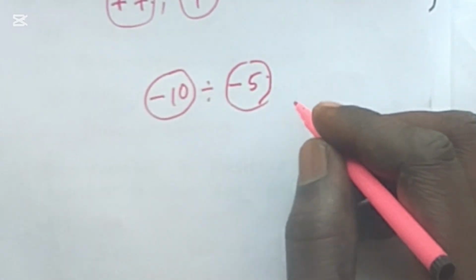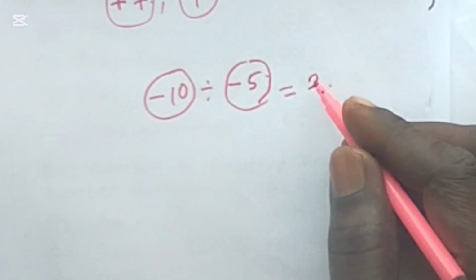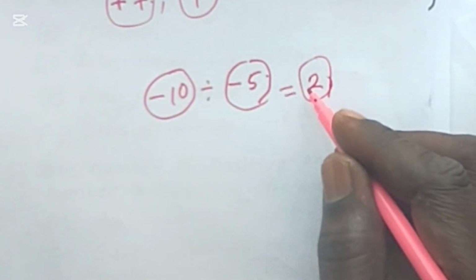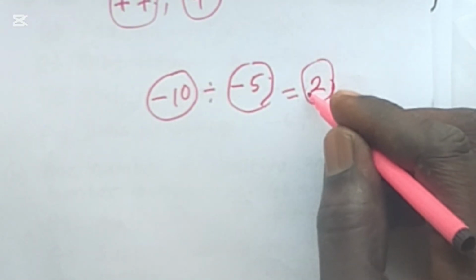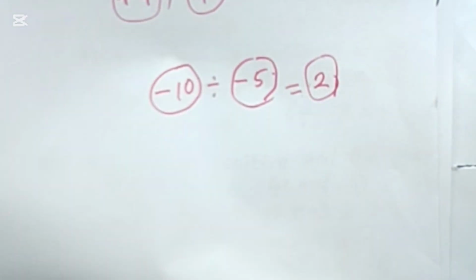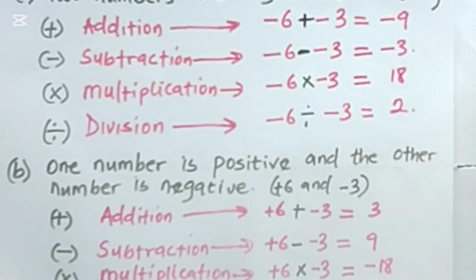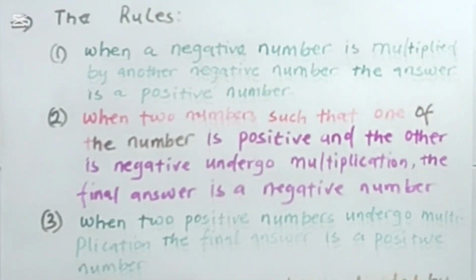So your answer must be 2. Okay? 2 is a positive number because there is no sign at the front of it. So the fact that there is no sign shows you that 2 is a positive number. So this is applicable to every similar situation. So let's go down and discuss the fifth rule.